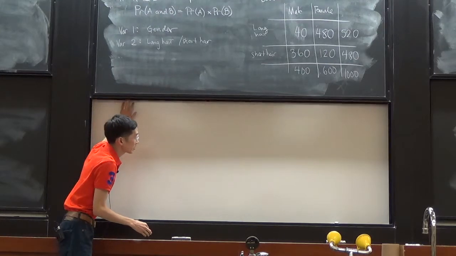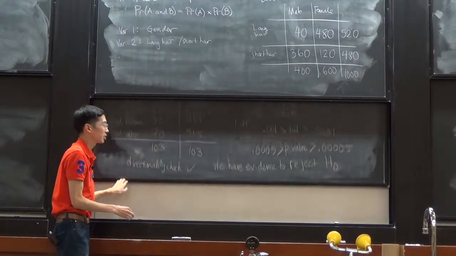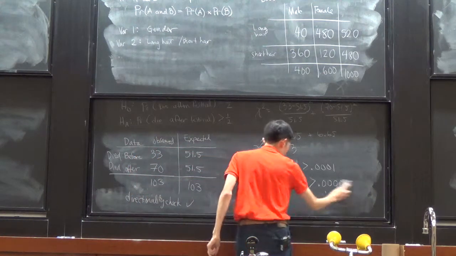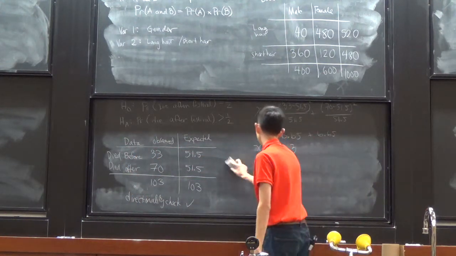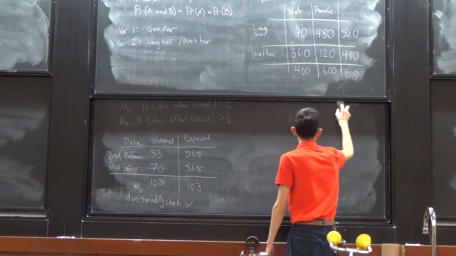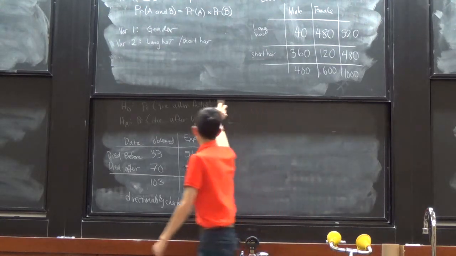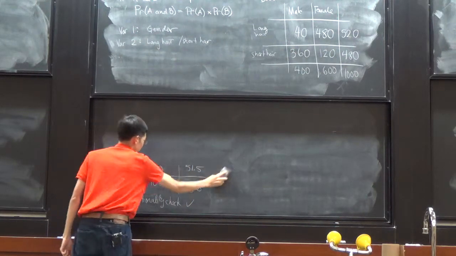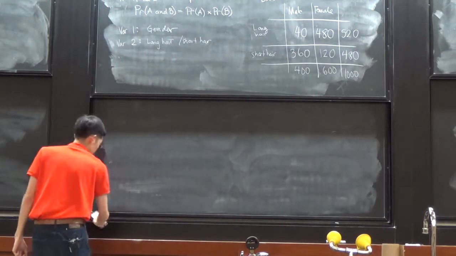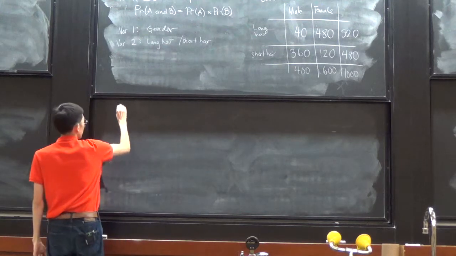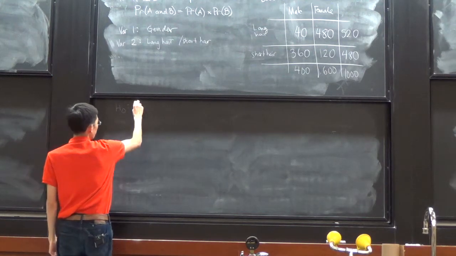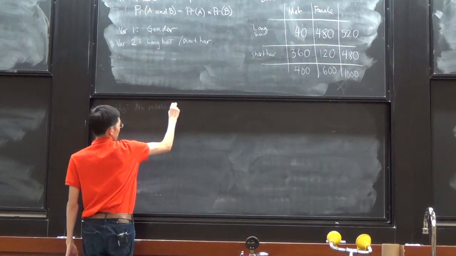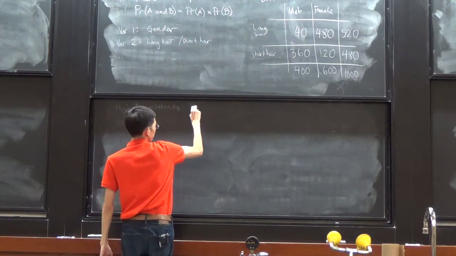So this is a test to see if there is a relationship between two categorical variables. The null hypothesis in these tests is that no, there is no relationship. And the alternative is that there is some kind of relationship. The null hypothesis would be that there is no relationship, or in other words, the two variables are independent.